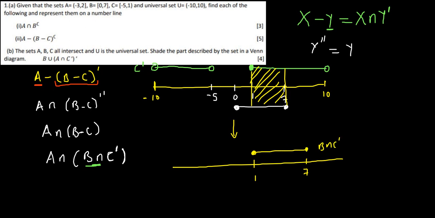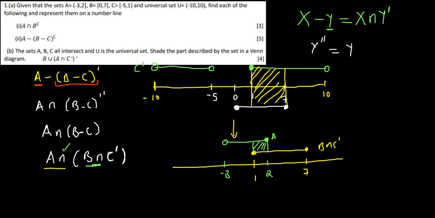But I want where B intersection C complement is intersecting with A. Now I'm going to introduce another set here, which is A, and A is from negative 3 up to 2. So at negative 3 is supposed to be open, at 2 is supposed to be closed, like this. So now I want where these two sets are intersecting. You can see where they're intersecting is just this part.